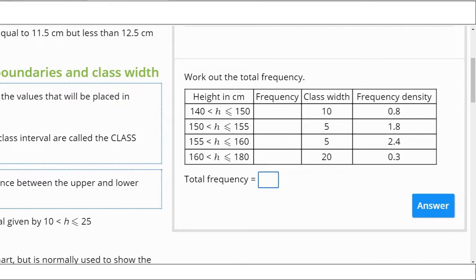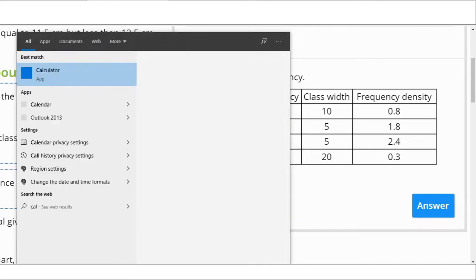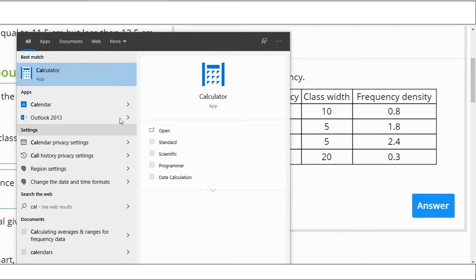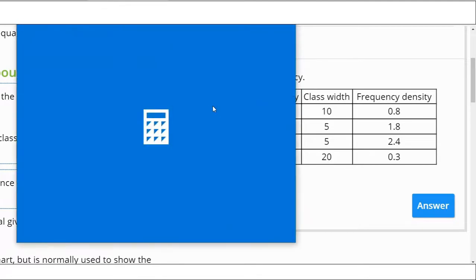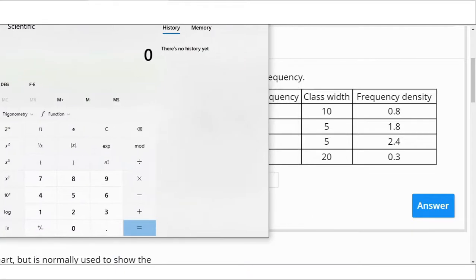I think we need a calculator here to show the calculation.